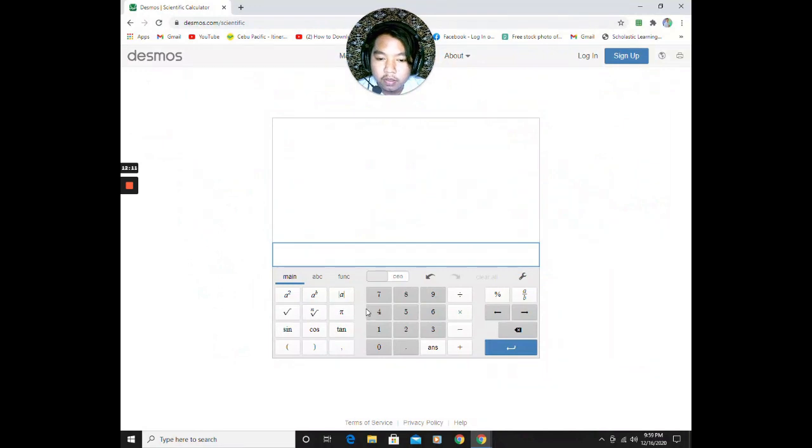So let me use this online calculator so you can see it too. 3.2 times 4, 12.8, divided by 10. Oh, that's wrong. Let's repeat. 3.2 times 4. Let's press equals first. 12.8.